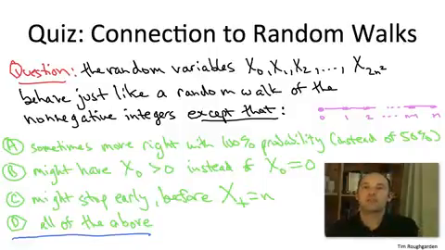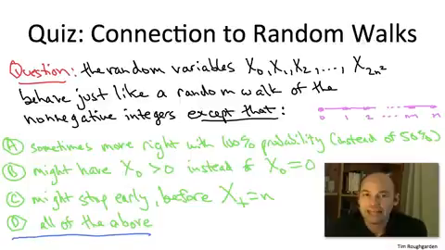Therefore, in the worst case circumstances, the probability that Papadimitriou's algorithm fails to find a satisfying assignment, that is A star, within 2n squared steps is exactly the same as the probability that a random walk beginning at 0 fails to reach position n within 2n squared steps. And we analyzed that failure probability in the previous video. We proved it's at most 1/2. That is, the success probability is at least 1/2.